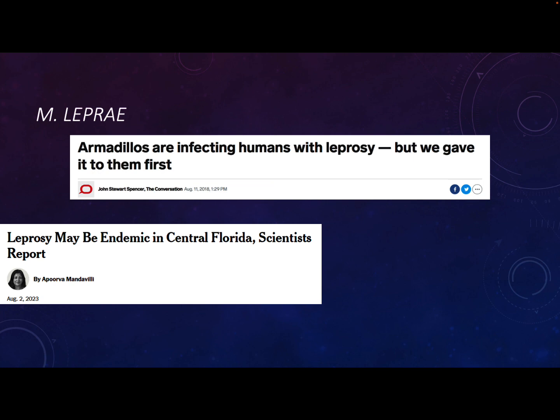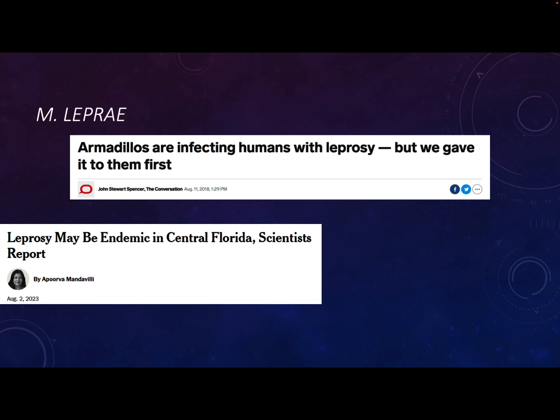So I thought these headlines were interesting, this one especially. Armadillos are infecting humans with leprosy, but we gave it to them first. So that's the hypothesis, that actually we gave leprosy to the armadillos and now they just give it back. And this is a very recent headline that I included because now they think leprosy is actually endemic in Central Florida.